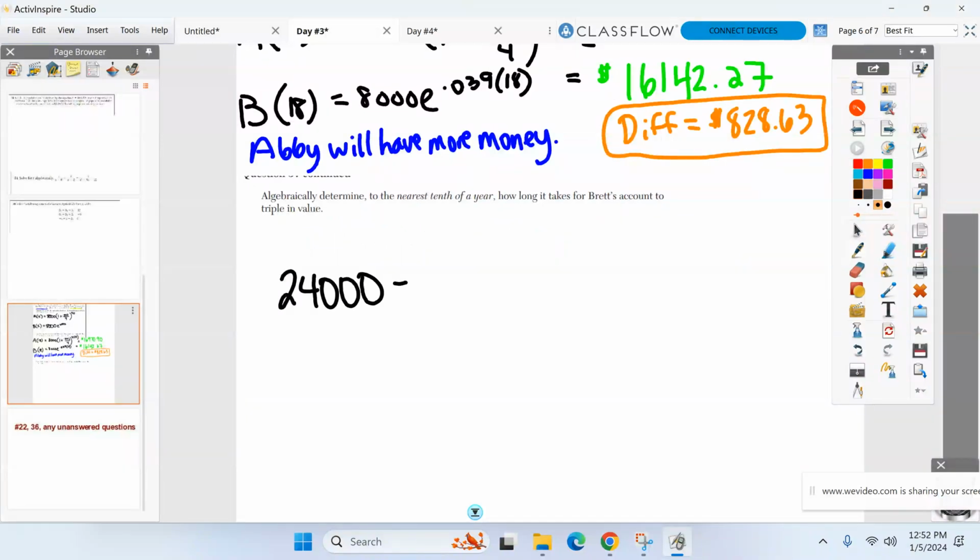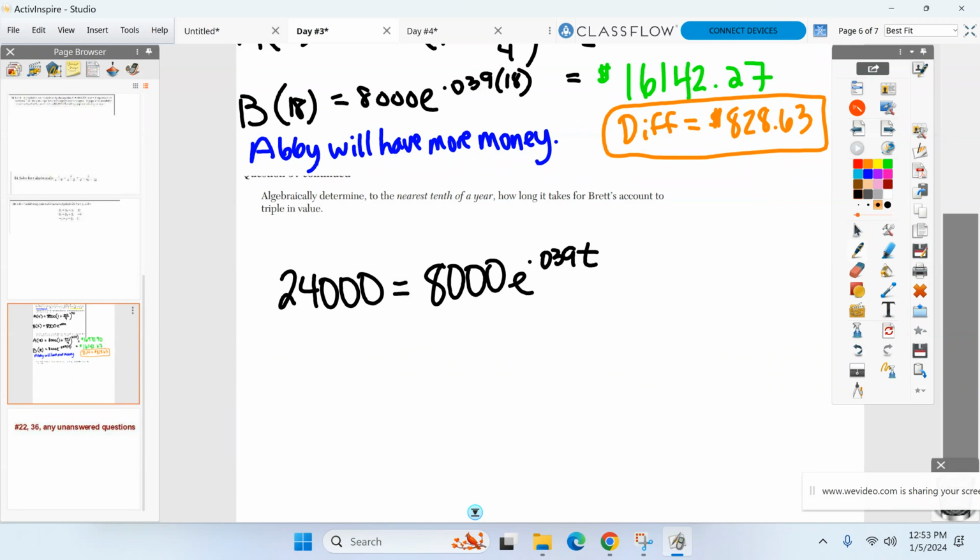Triple. And this is going to be brutal because it's going to bring up some bad memories. So all I did was take Brett's equation and set it equal to 24,000 when it triples.